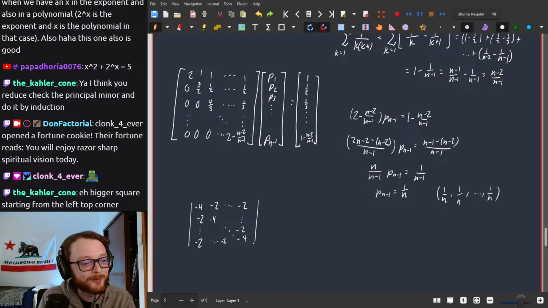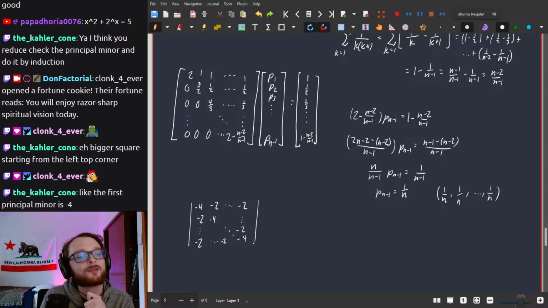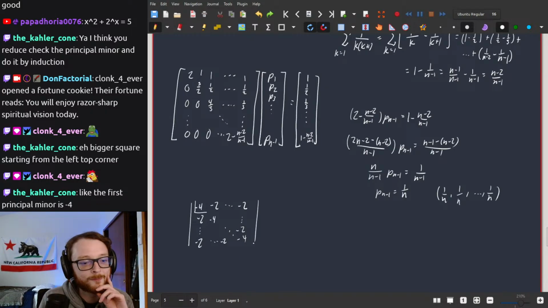Bigger square starting from the top left corner. Interesting. Yeah, the first one is -4, but that's trivial.